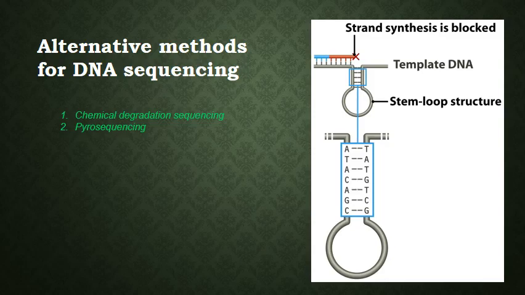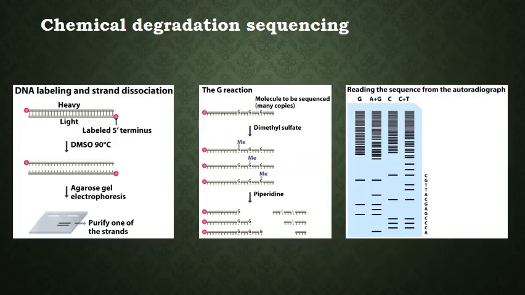One strand is purified from the gel and divided into 4 samples, each of which is treated with one of the cleavage reagents. To illustrate the procedure, we will follow the G reaction, as I am showing in the next picture. Yeah, this one.